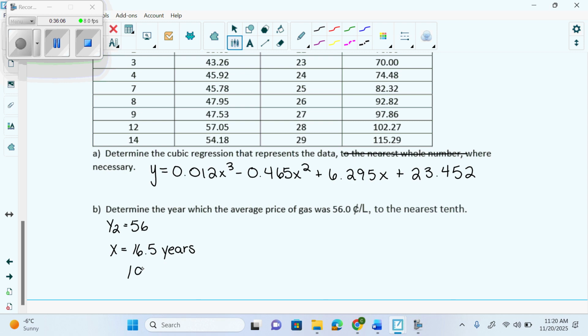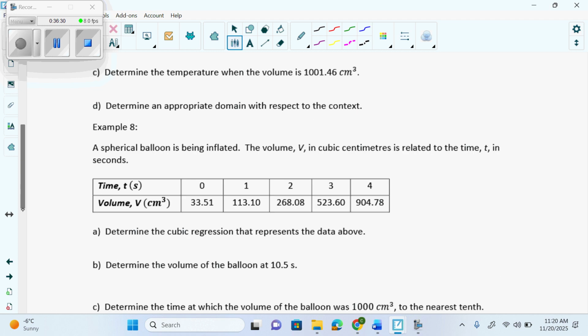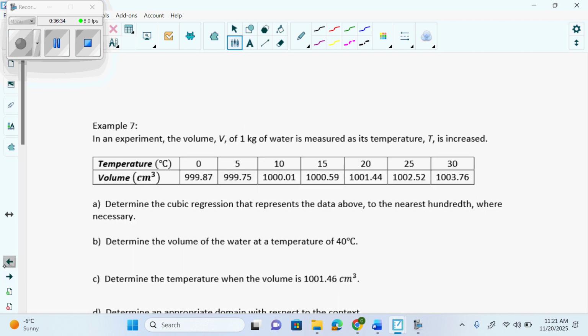So I go 1979 plus 16.5 equals, and you get 1995.5. 1995 and a half. All right. Next one. I want you guys to do 7, 8, 9. Go. 7, 8, 9.